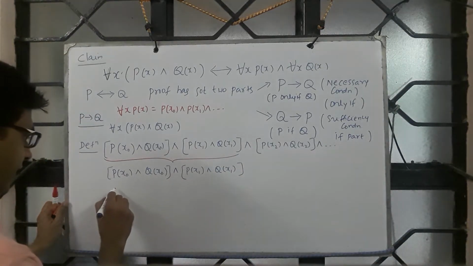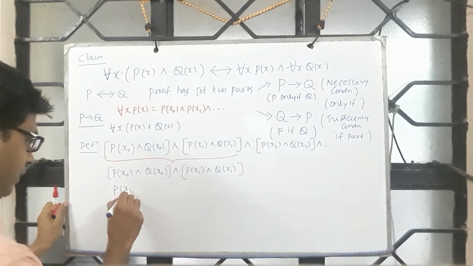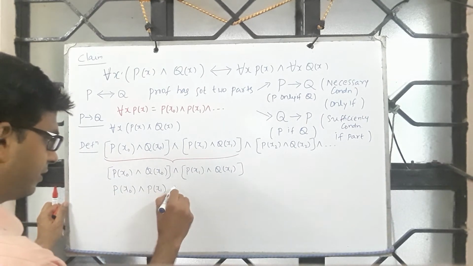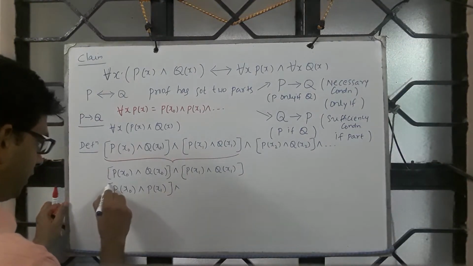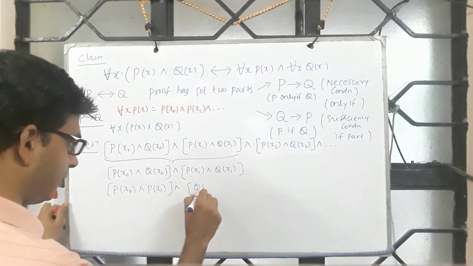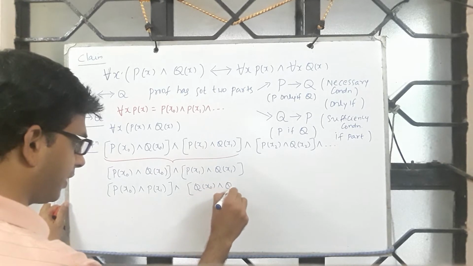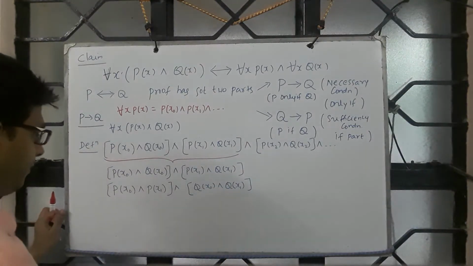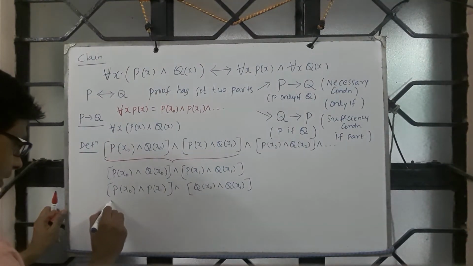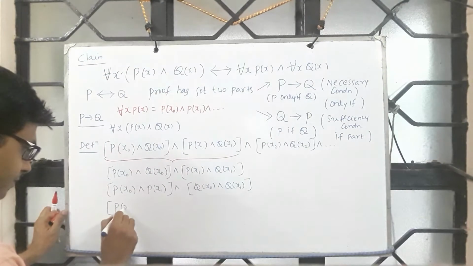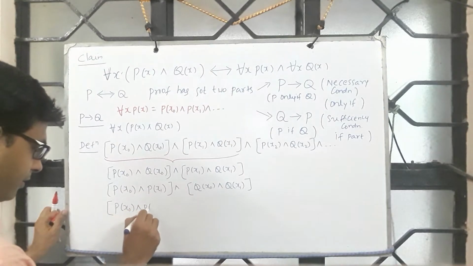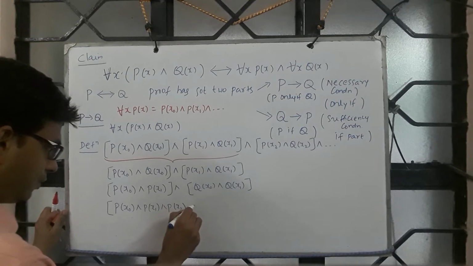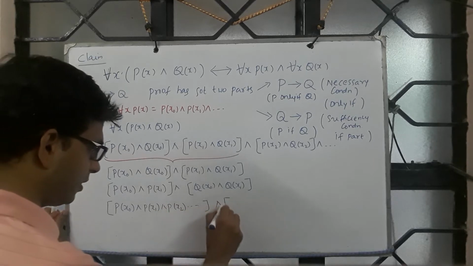Rearrange the terms, it's all and, right? Associativity. So p of x naught and p of x1 and q of x naught and q of x1. Okay. Now if you bring other terms, so p of x naught, p of x1, p of x2, like that, this will be there.